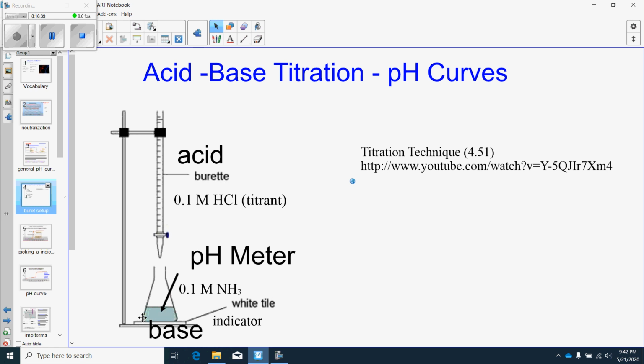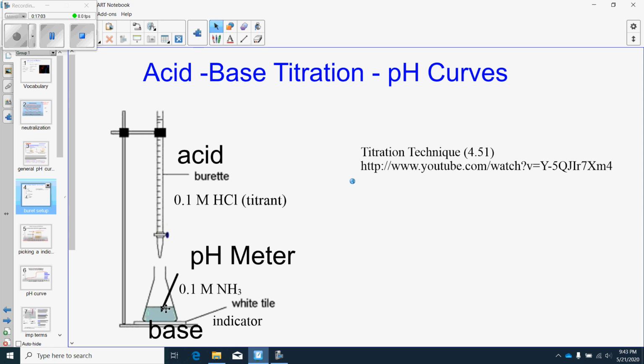So this was neutralized. Another way you can think of it is this: when you hit the neutralization point, the OHs equal the H3Os, right? Acid is giving an H3O, the OHs were already there. The OHs are higher here. We're adding just enough H3Os to neutralize this, so that the OHs and the H3Os are equal.